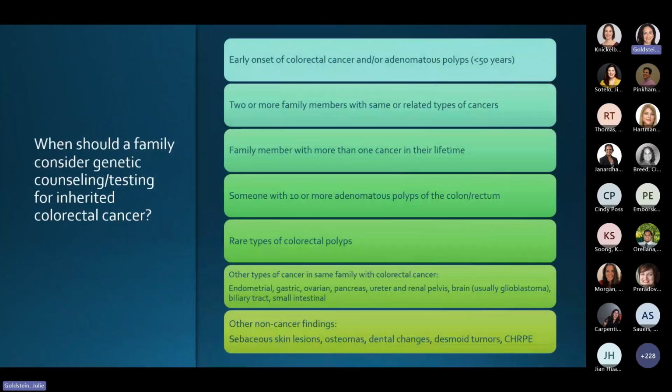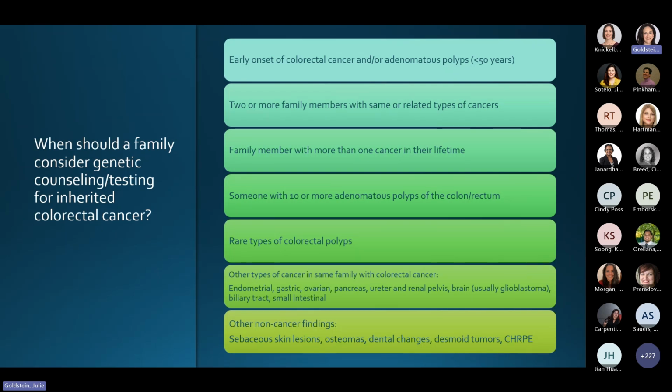Okay. So I just went through some of the common inherited colorectal cancer syndromes. I know it's a lot of information. Just want to do a very quick review for you of what you should think about when determining if your family might benefit from doing genetic counseling or testing for inherited colorectal cancer.